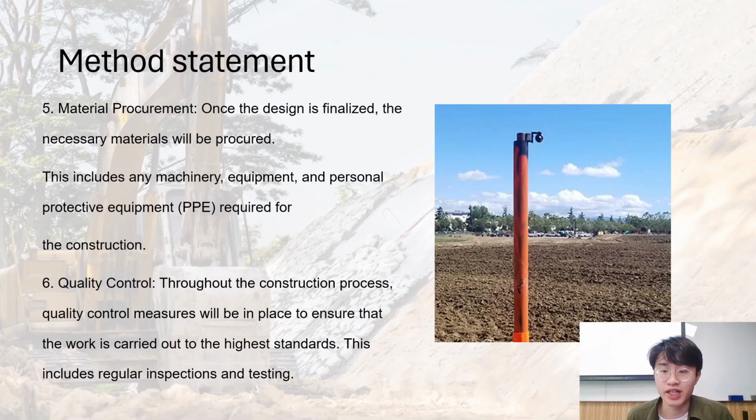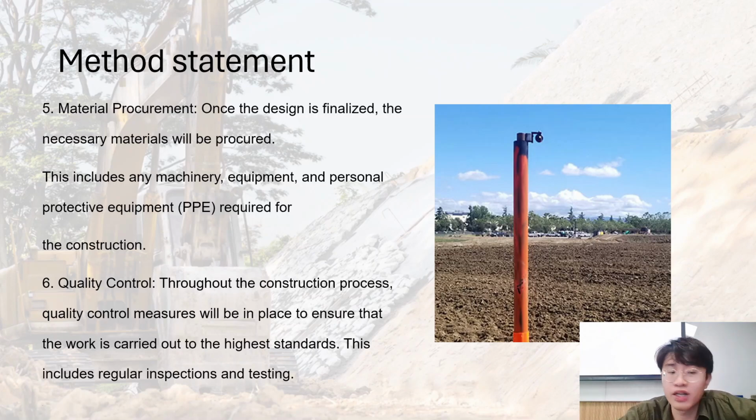Hello, I'm Wesley Chen, and I will talk about the remaining parts of the method statement. The fifth part is material procurement: once the design is finalized, the necessary materials will be procured and checked by independent checking engineers. This includes all machinery, equipment, and also the PPE required for the construction.